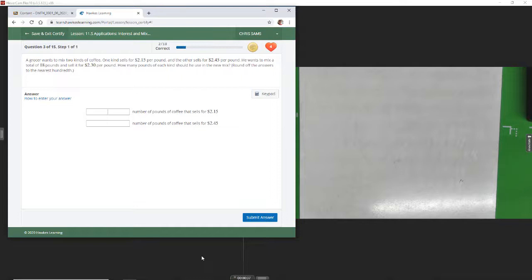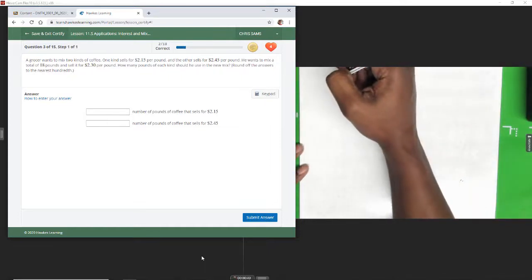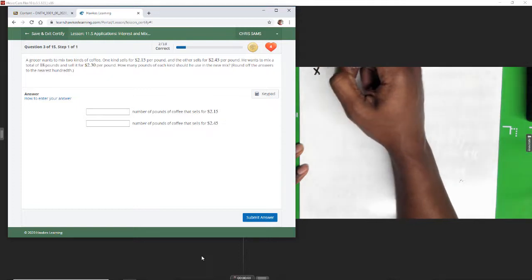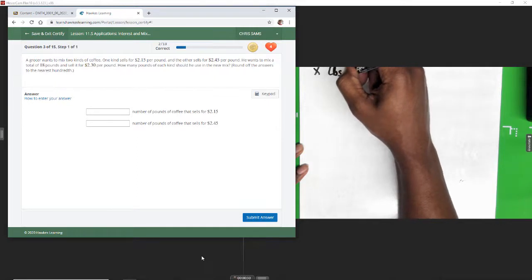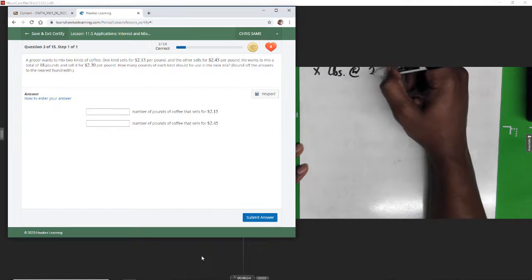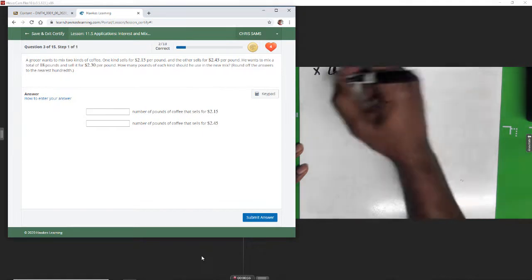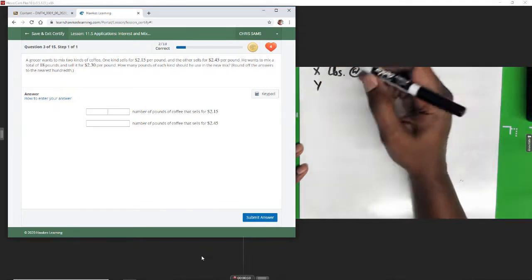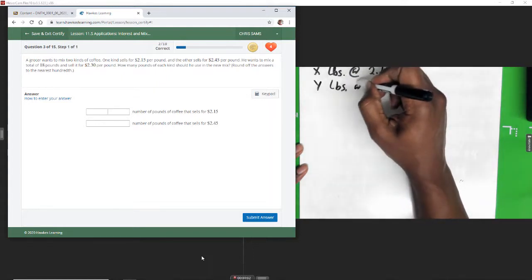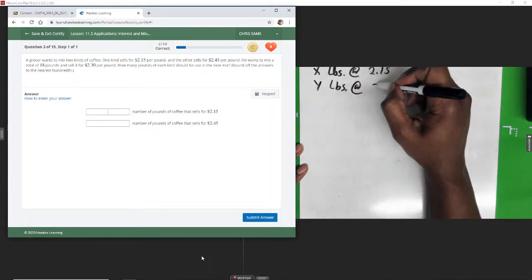So here's what we want to do. We still have two unknowns. So we're going to say X is pounds, LB, pounds at the $2.15 cost, and Y will be the pounds at the $2.45.